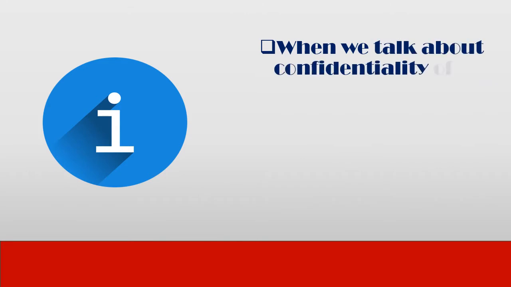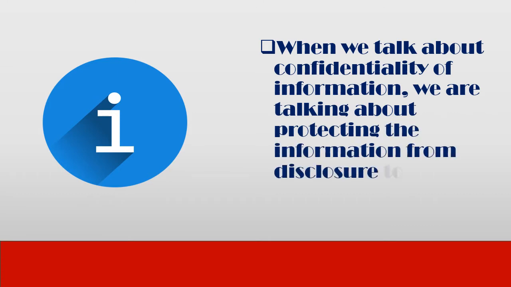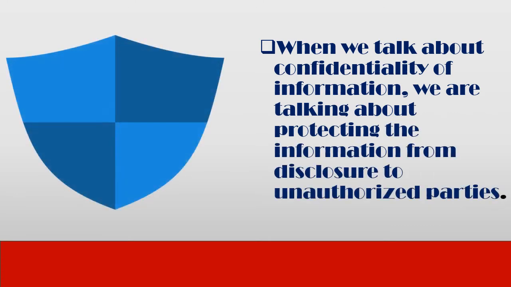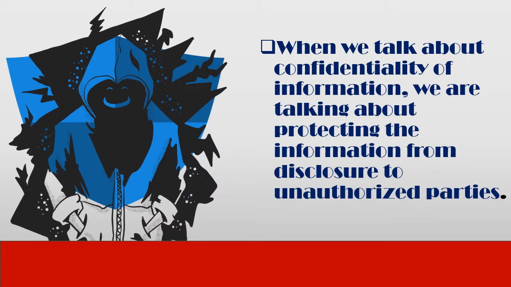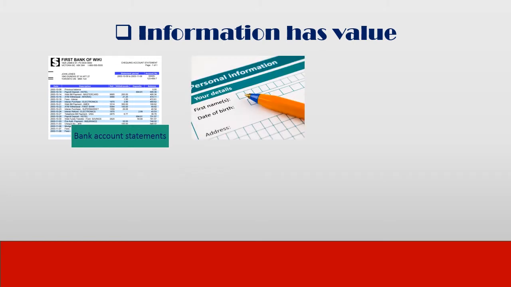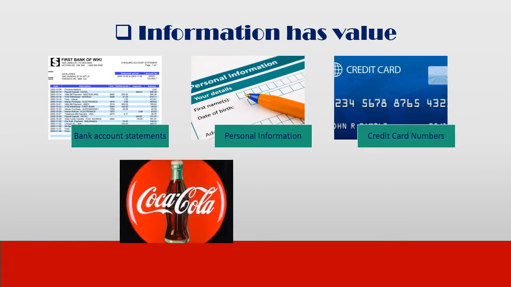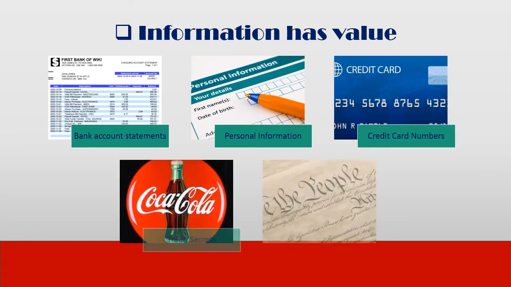When we talk about confidentiality of information, we are talking about protecting the information from disclosure to unauthorized parties. Information has value: bank account statements, personal information, credit card numbers, trade secrets, government documents.